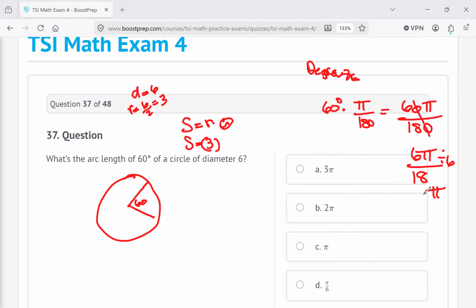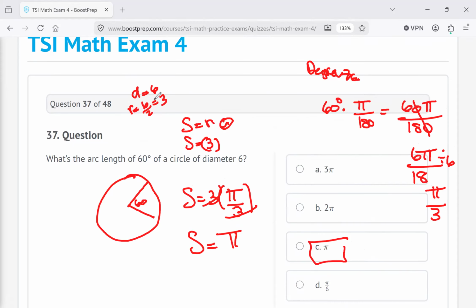That's going to be pi over 3. Okay, so replace theta by pi over 3, and then you're left with pi. Okay, that's it.